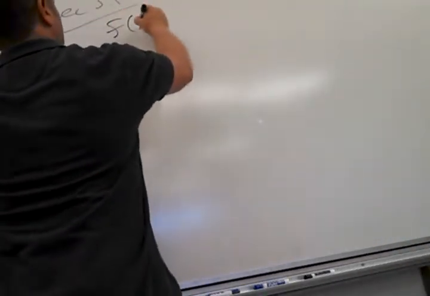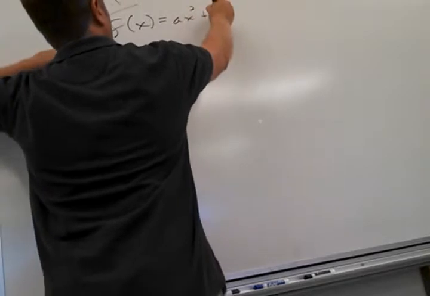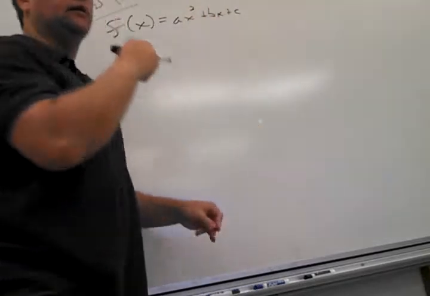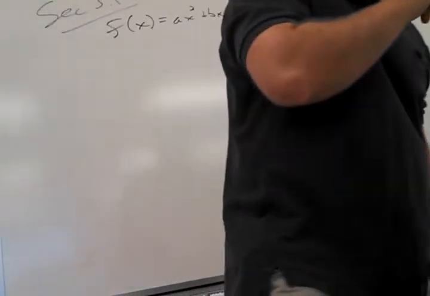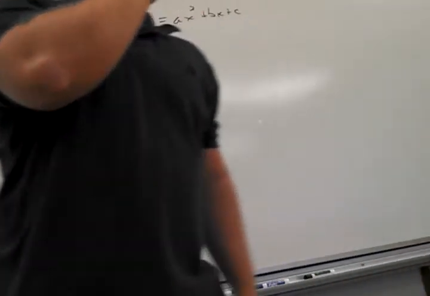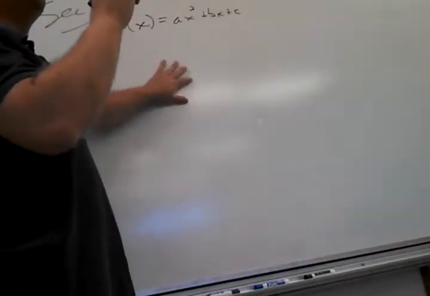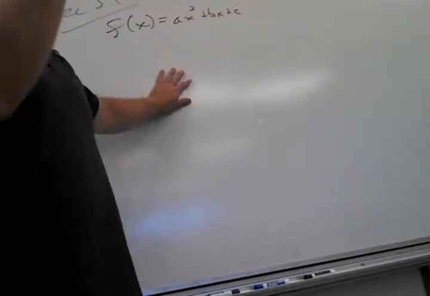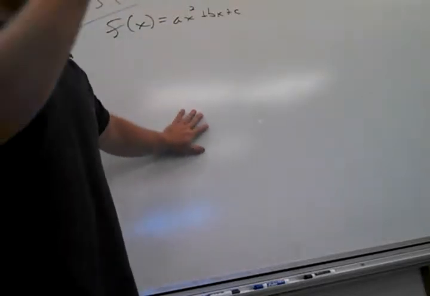Now, quadratic functions, of course, ones like that. We can talk about quadratic in other forms, but we're going to stick with this for right now. What's called the standard form of a parabola. Standard form.